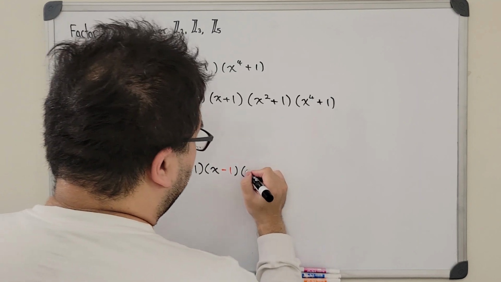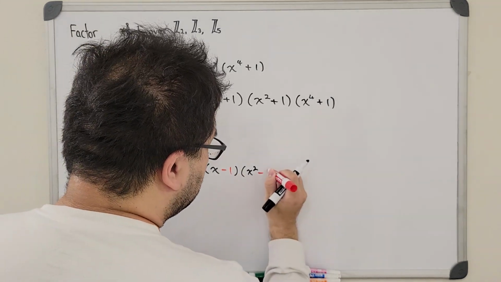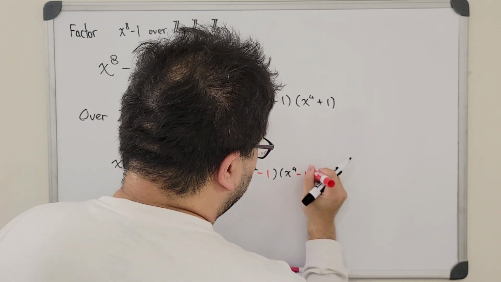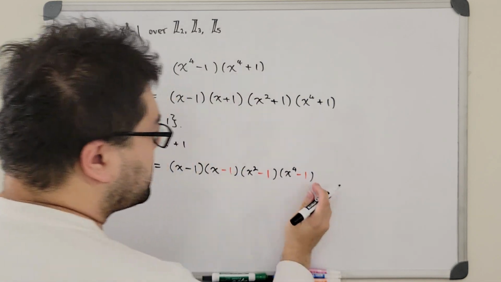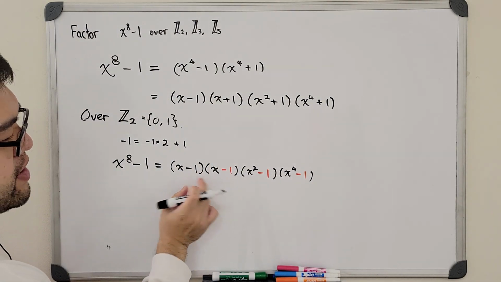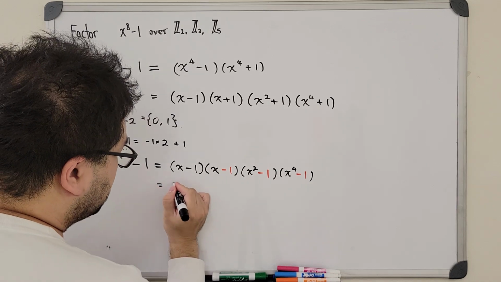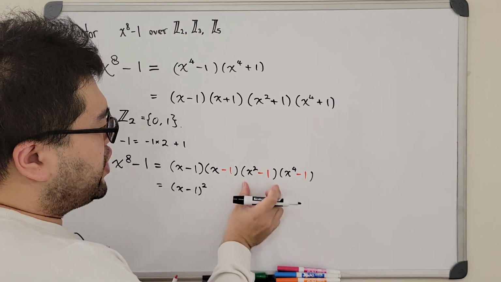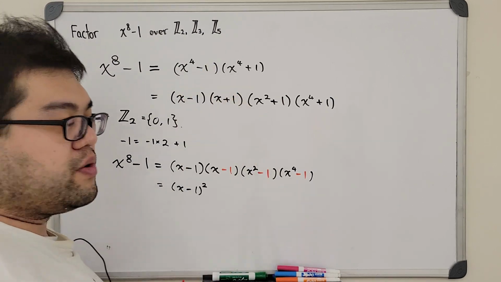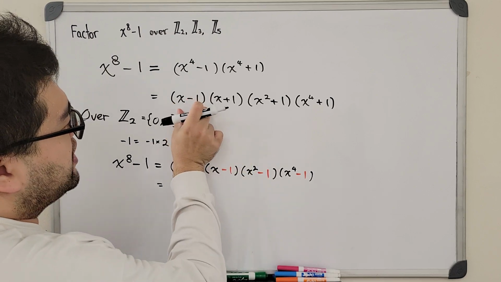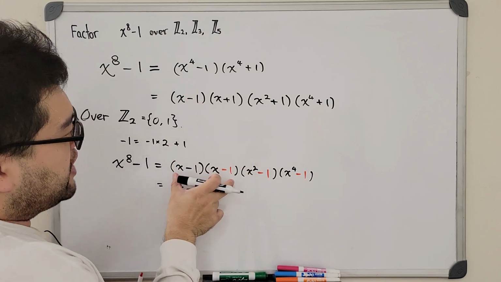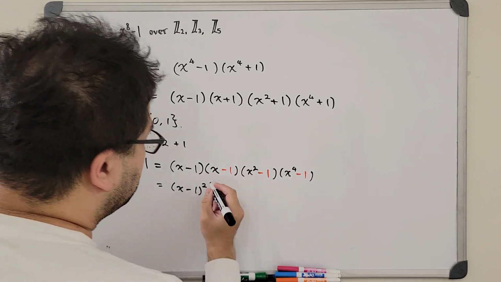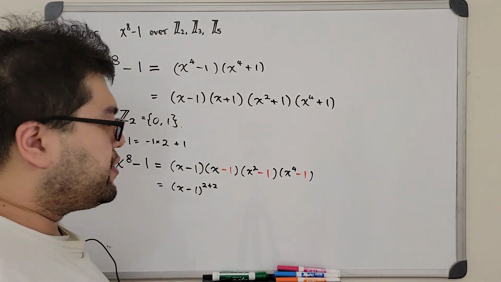Similarly, we have x squared minus 1 times x to the 4th power minus 1. Now we can combine the x minus 1 and x minus 1 to give us x minus 1 squared. Next we have x squared minus 1, which we have already done, and the result is x minus 1 times x plus 1. But again, x plus 1 is equivalent to x minus 1, so we end up with another 2 copies of x minus 1.